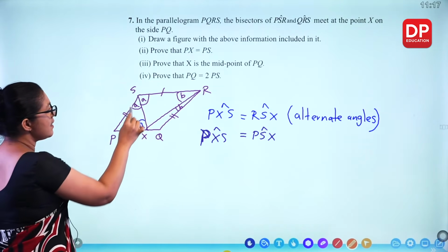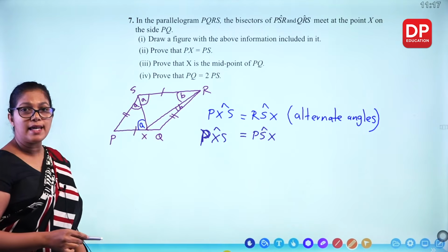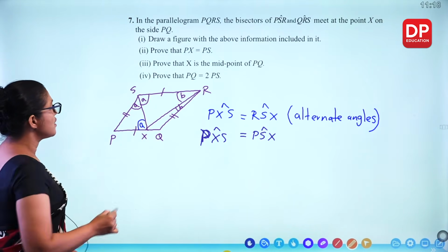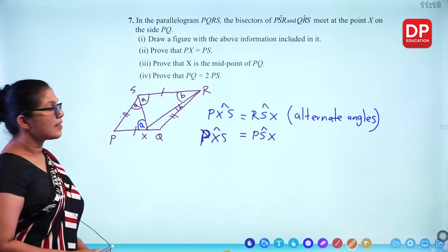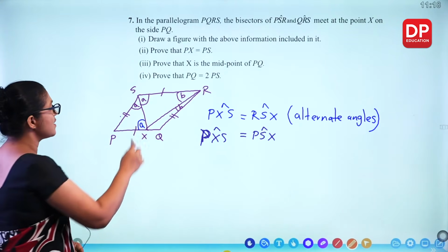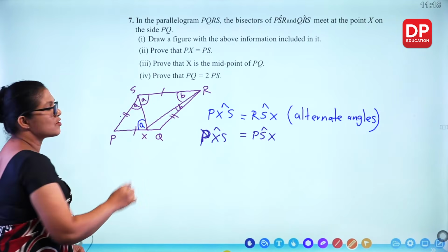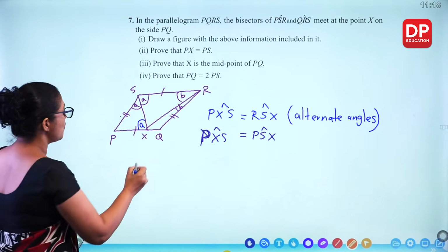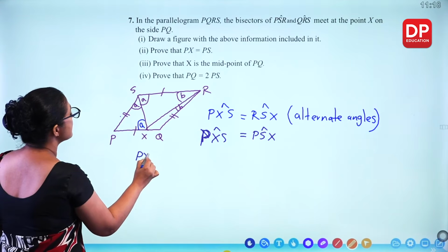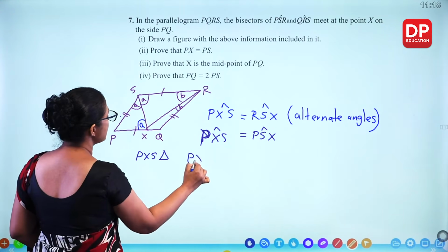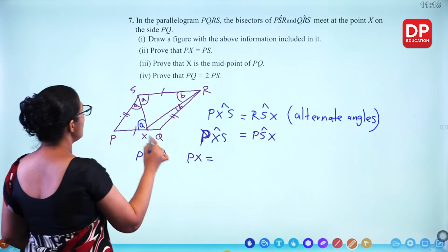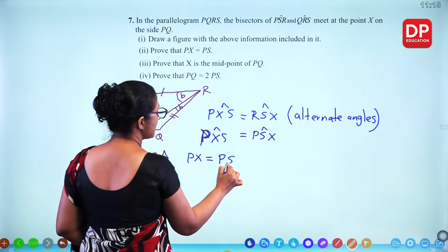In this triangle, two angles are equal. What can you say about the opposite sides? The opposite sides of these interior angles are also equal. So when you look at PXS triangle, I can say PX length is equal to PS.